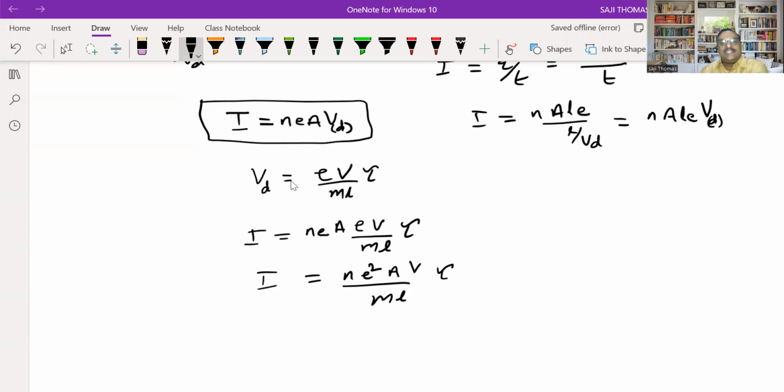So we rearrange it. V by I is mL divided by n e squared A tau.